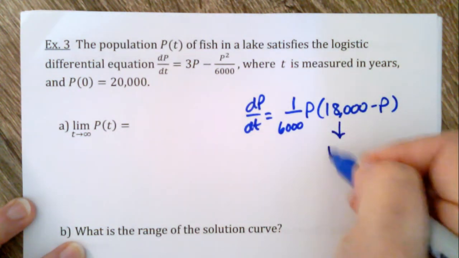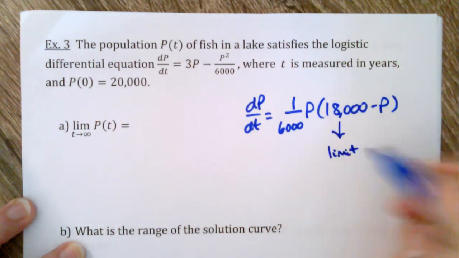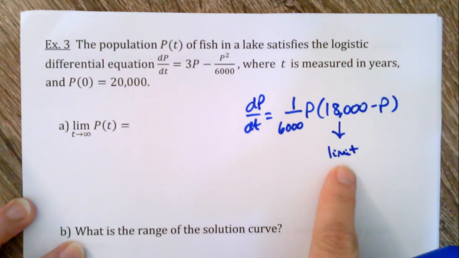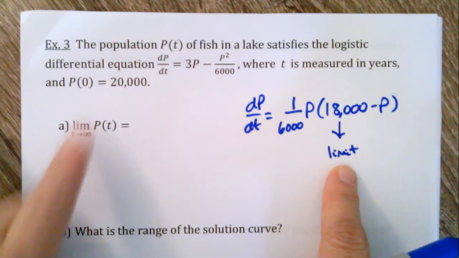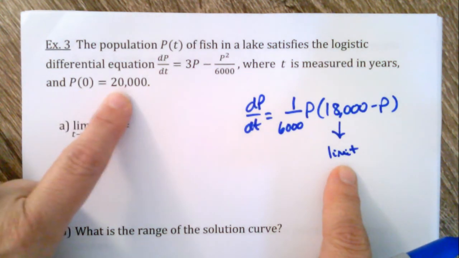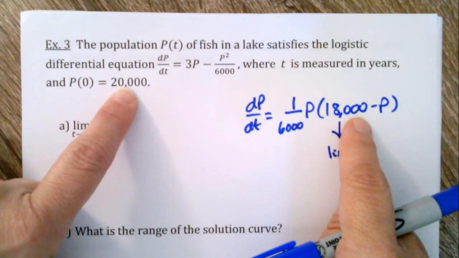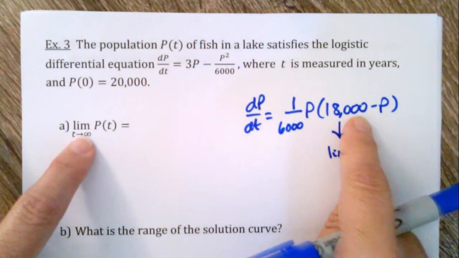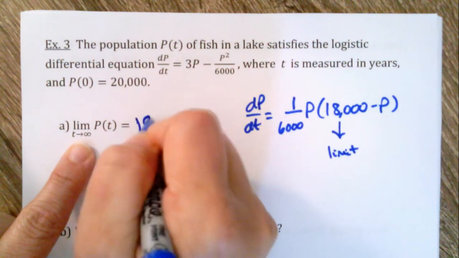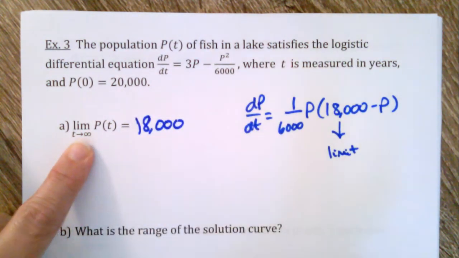We are saying this is the limit, the most fish that this lake can handle. If we initially populate the lake with 20,000 fish, it can only handle 18,000. That's still going to be the carrying capacity. The limit is still 18,000.